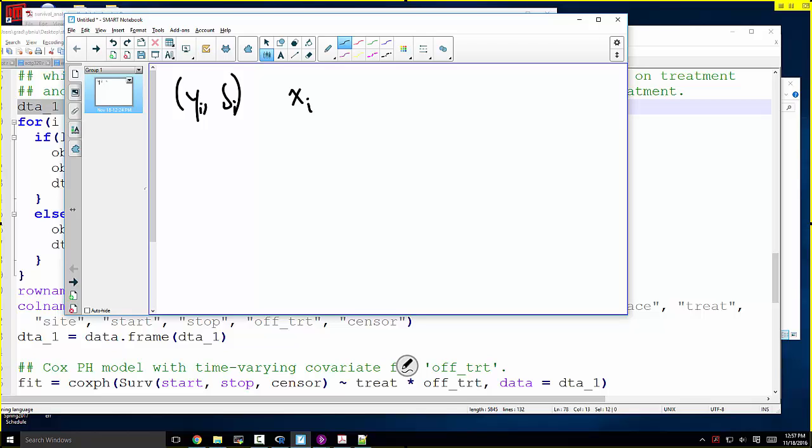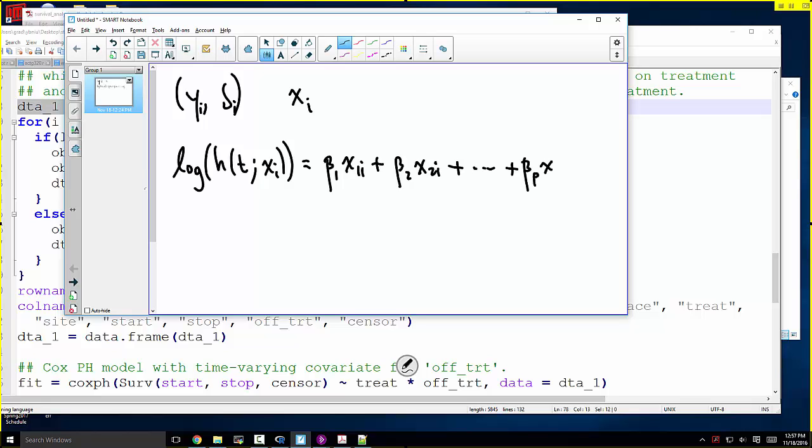If we're going to fit a regression model, then all we know to do in the context of Cox models, for example, is log hazard at time t given covariates equals beta 1 times x1i plus beta 2 times x2i plus ... And every one of those x's, all we know to do is put a single number in there, or a single category if it's a categorical variable.